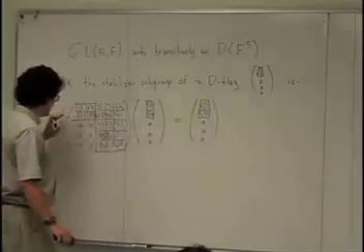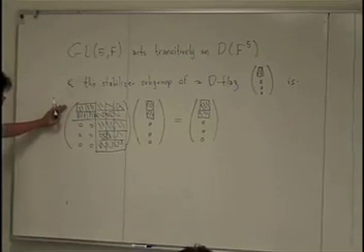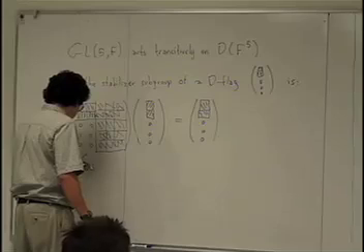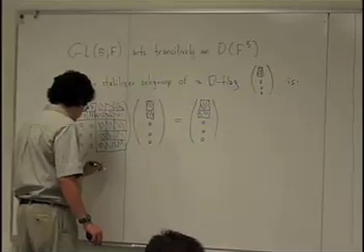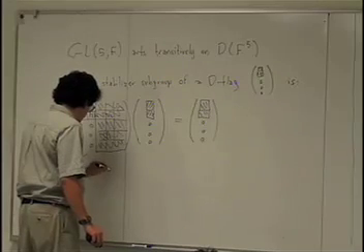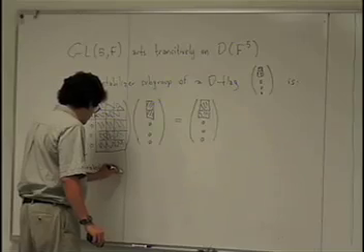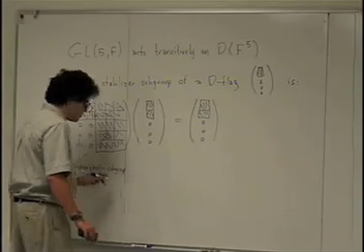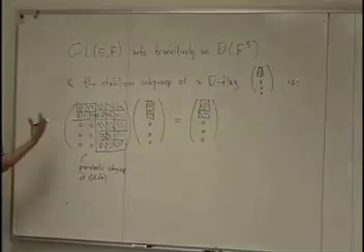This kind of subgroup is called a parabolic subgroup. I'm not defining it in general, but I guess I can define it quite generally. It's a parabolic subgroup of GLN. That's just jargon for a subgroup that preserves a D flag.